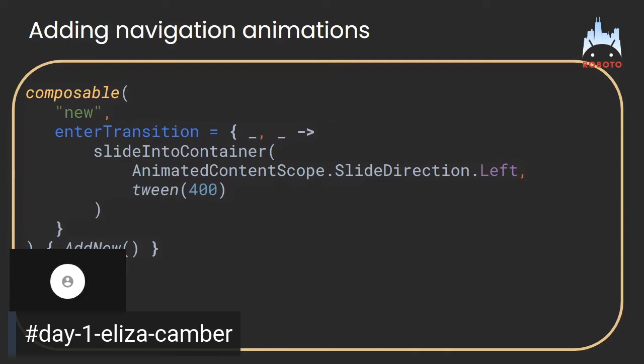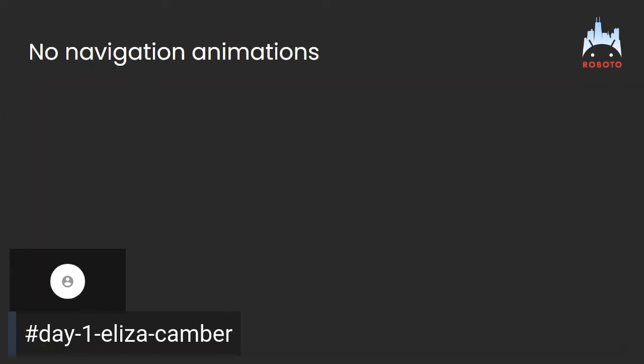And this is all that you need, basically. Then you just have your composables. If you want to be more specific and use your own animations or any other transitions that are not the defaults, you can just use the enter transition over here and add whatever transition you want. You can also have an exit over here for the exit transitions.